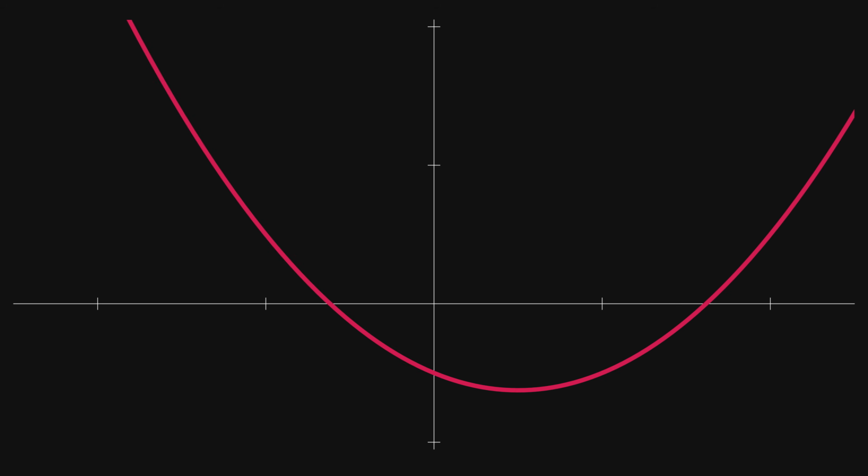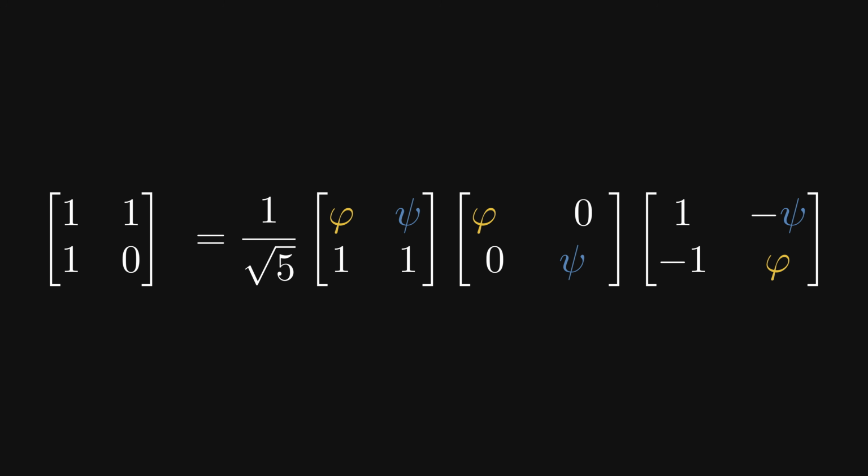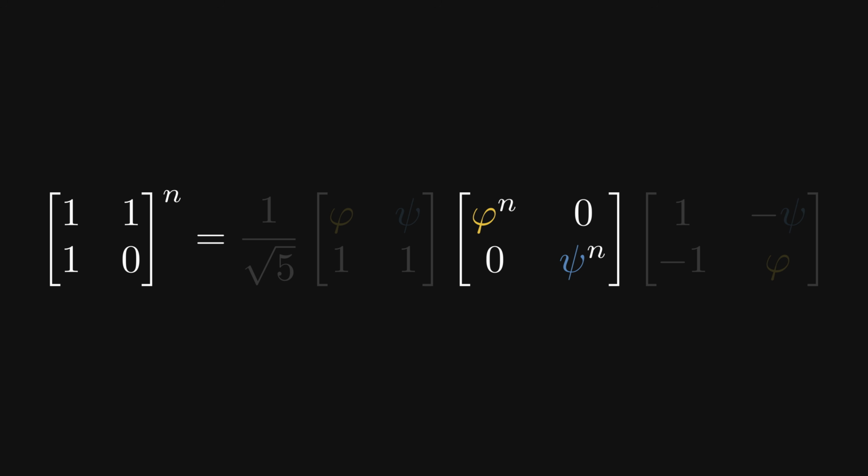By plugging the coefficients into the quadratic solution formula, we see that the roots of x squared minus x minus 1 are given by the golden ratio and the conjugate golden ratio. After crunching some numbers and matrices, we obtain the eigenvalue decomposition of F. By raising it to the nth power, we can already see the formula emerging.